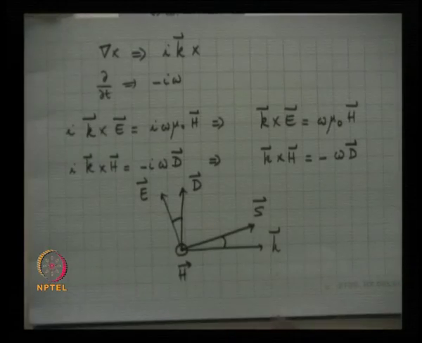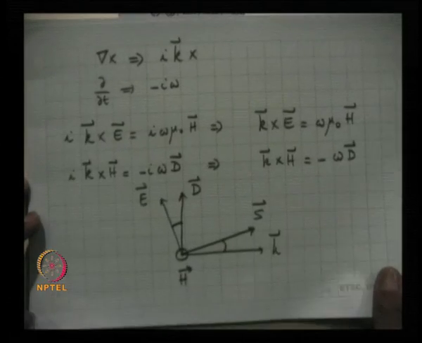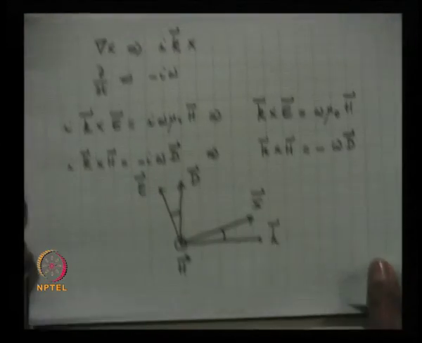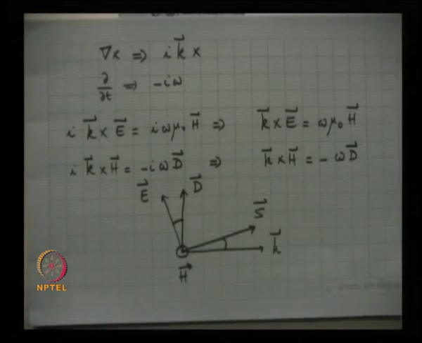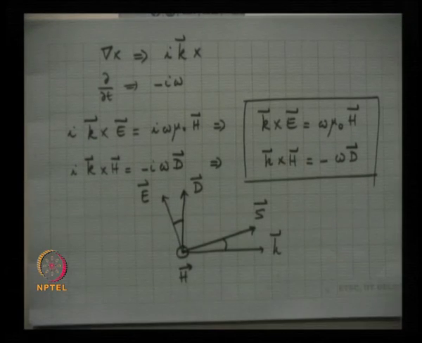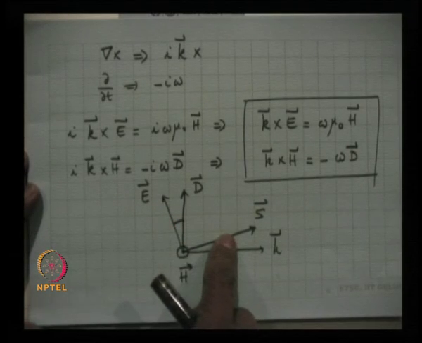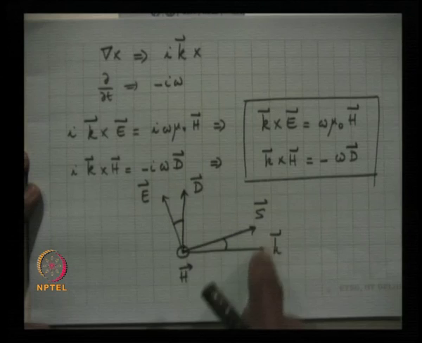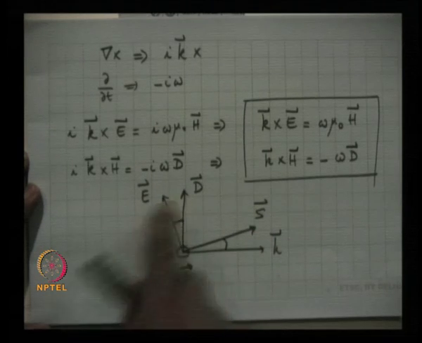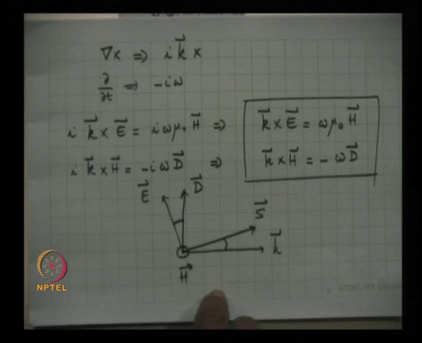Okay, so in general k and S are not parallel, and so let me try to find out. From these two equations I have got this fact that k and D are perpendicular to each other, E and S are perpendicular to each other, k and S are in general not parallel, and similarly E and D are in general not parallel.